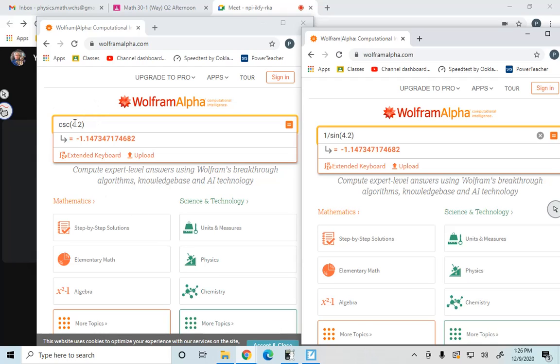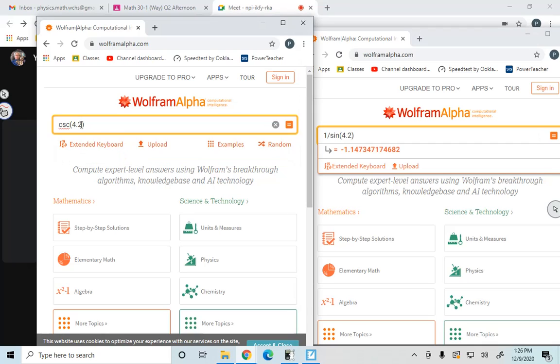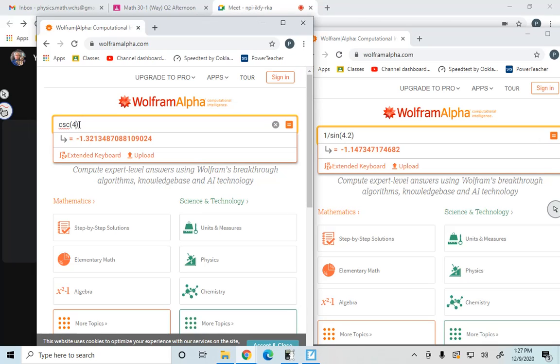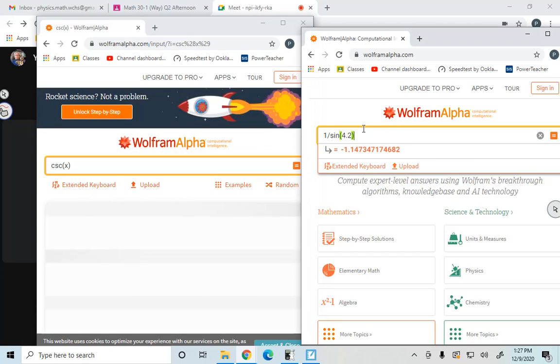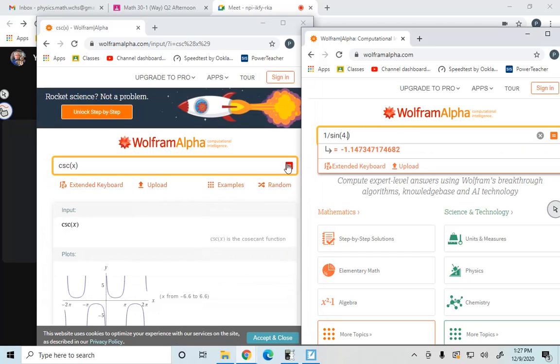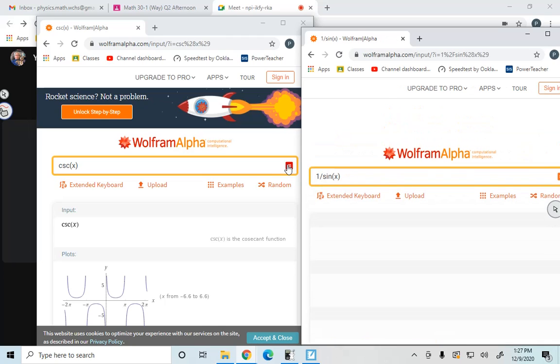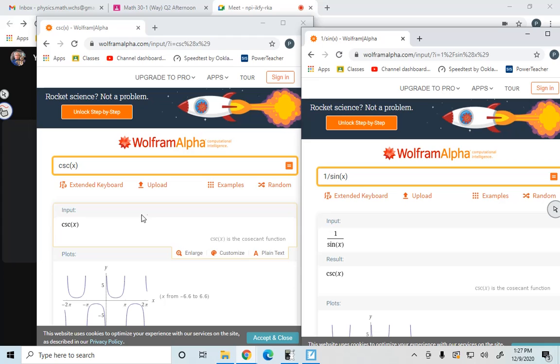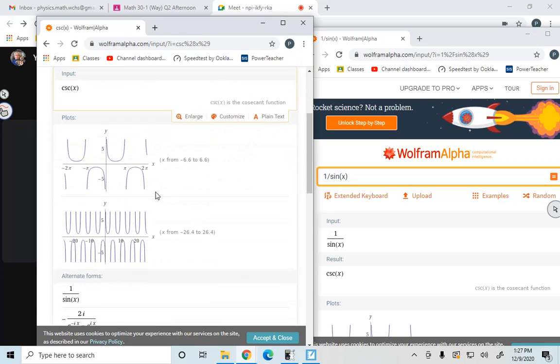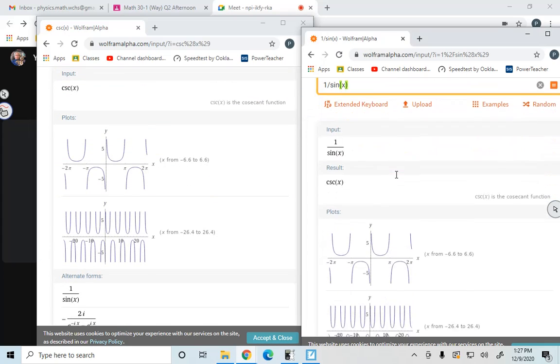What if I put cosecant of x, and 1 over sine of x? Well, what does the graph of cosecant of x look like? It looks like this. What does the graph of 1 over sine of x look like?